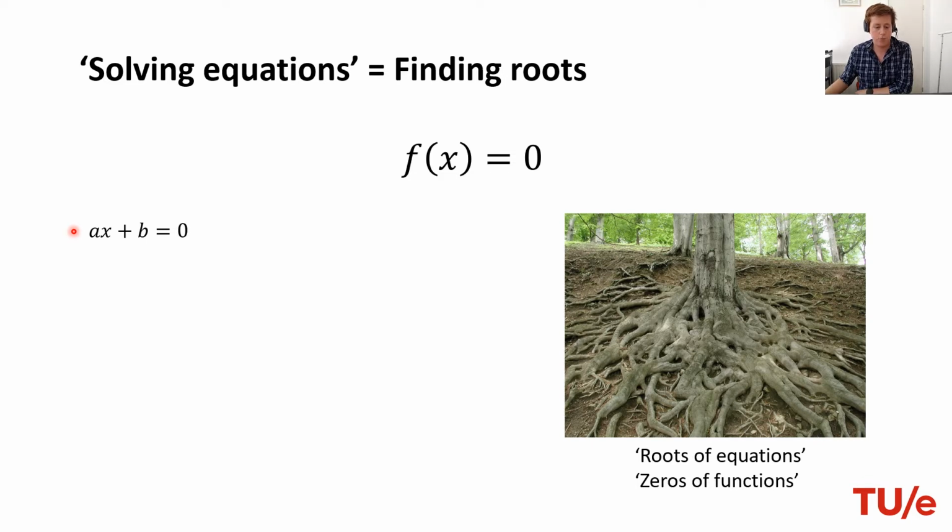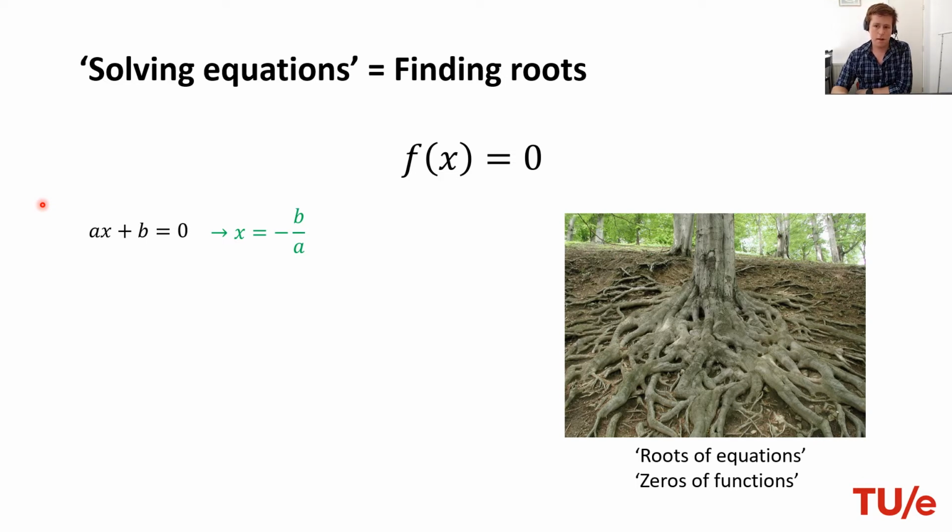Here we have only one equation, and we can simply solve it by moving this b from the left-hand side of the equation to the right-hand side and dividing everything by a. In that case, we get the following solution: x is equal to minus b over a, which, when plugged into this equation, renders the left-hand side equal to 0. So that's exactly what we want.